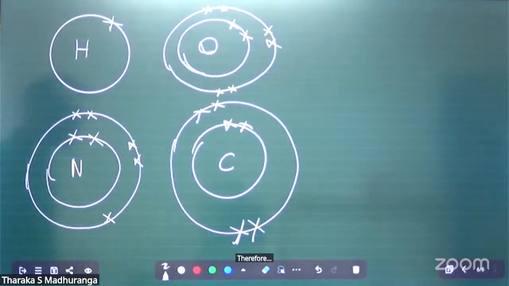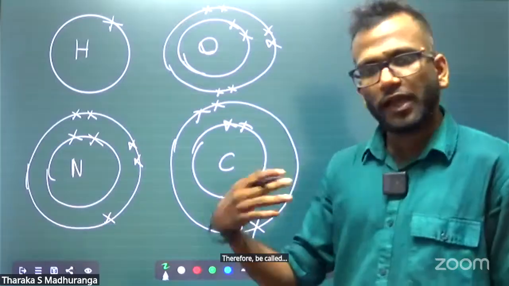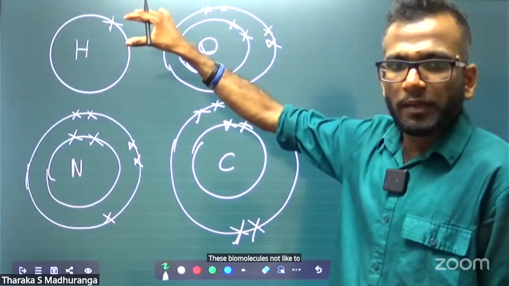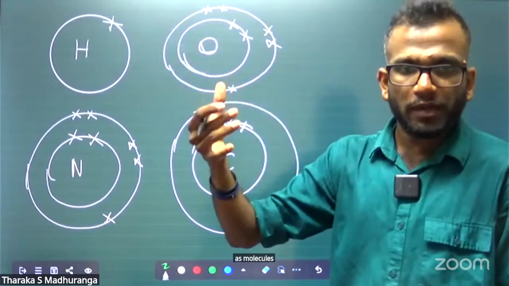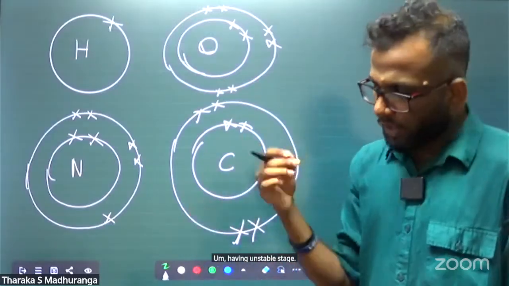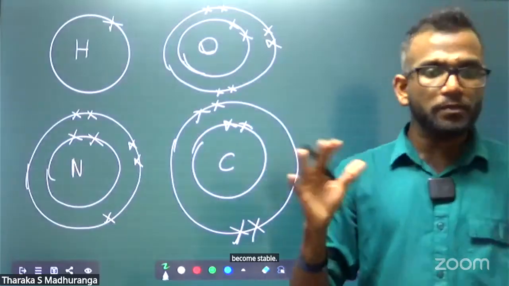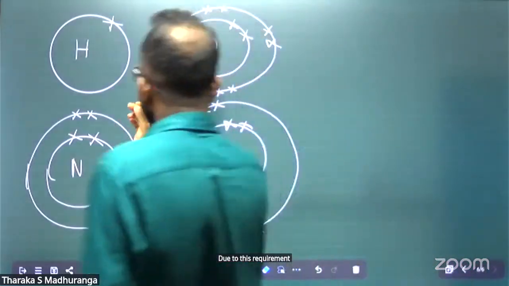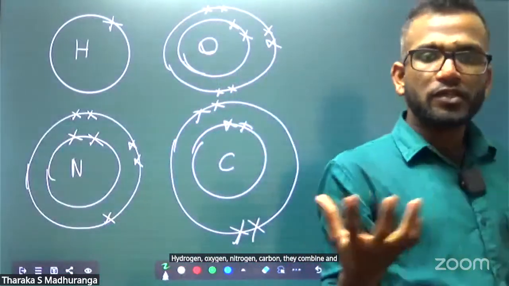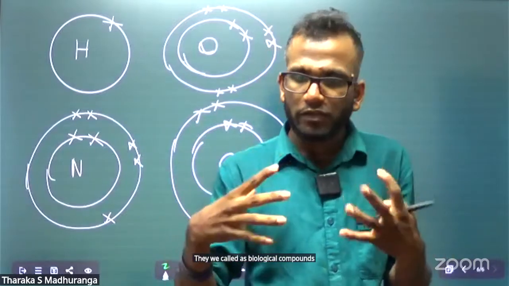Therefore, inside the biological structures, these biomolecules do not like to remain as unstable molecules. They always try to become stable. Due to this requirement, hydrogen, oxygen, nitrogen and carbon combine and produce different compounds, which we call biological compounds in our biological structures.